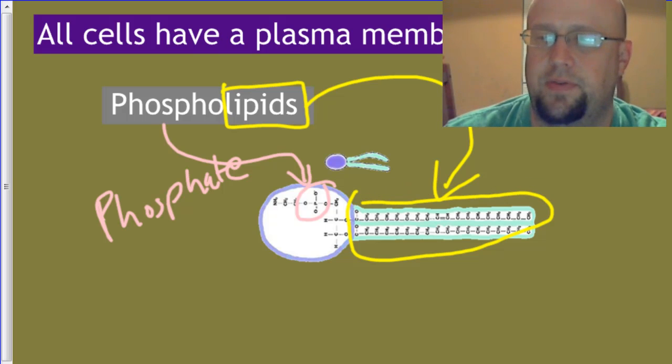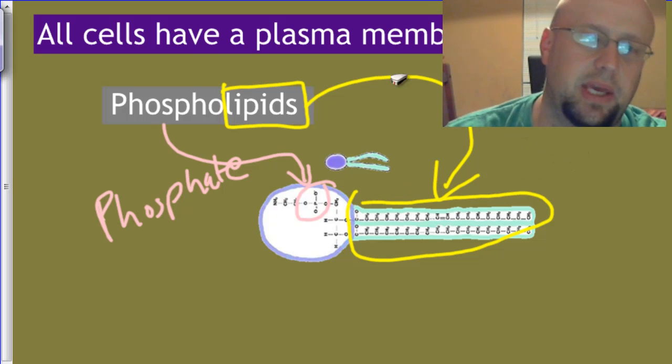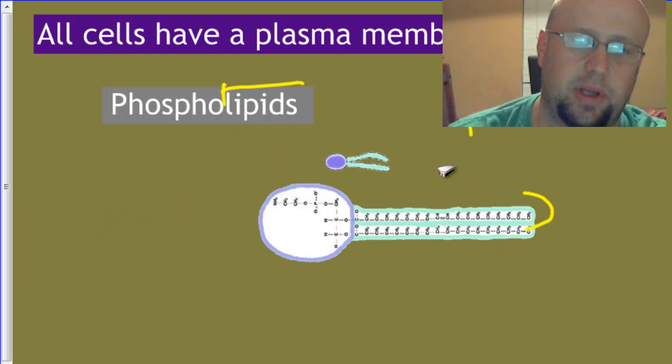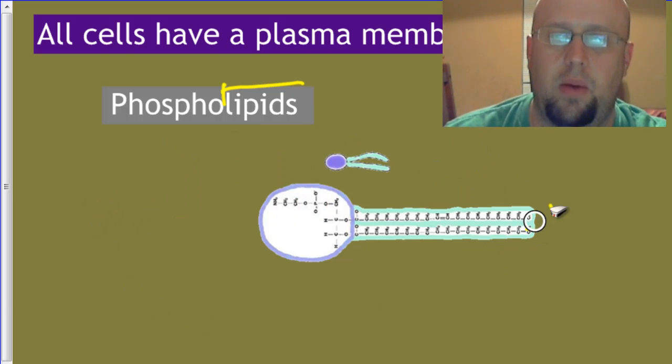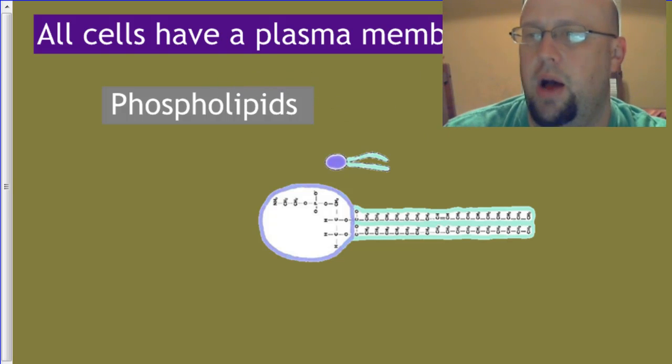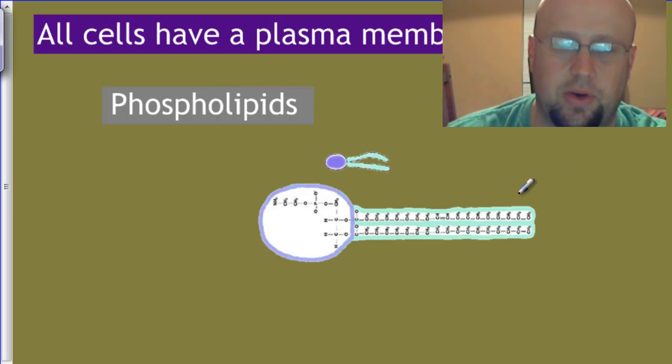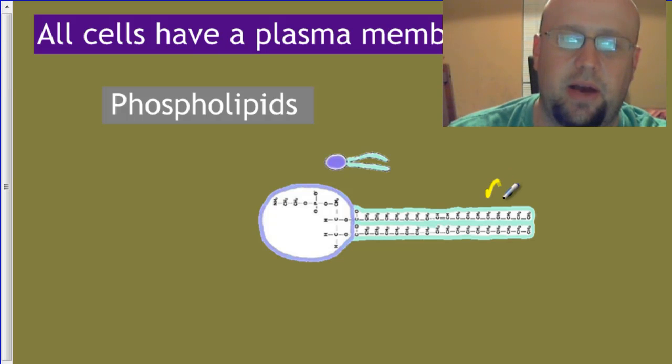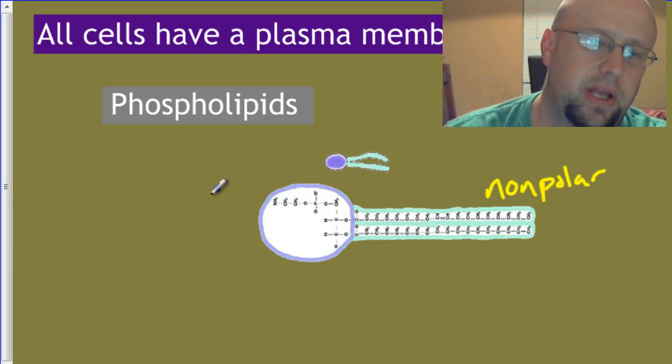Now, all of this is pretty important because this molecule has a really peculiar character. At the lipid end, we have a nonpolar molecule, and at the other end, we have a polar molecule.